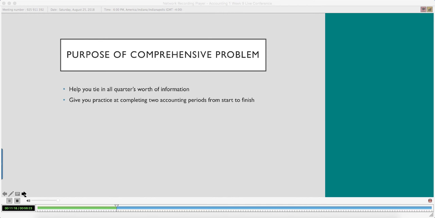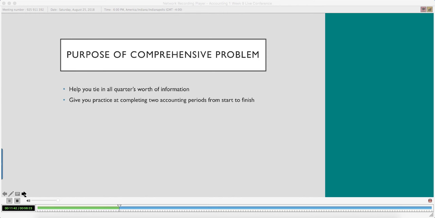Basically, the comprehensive problem is going to give you practice at completing 2 consecutive months for a business from start to finish. So you're going to get the opening investment into the business by the owner. And then you're going to get all the transactions for that month.